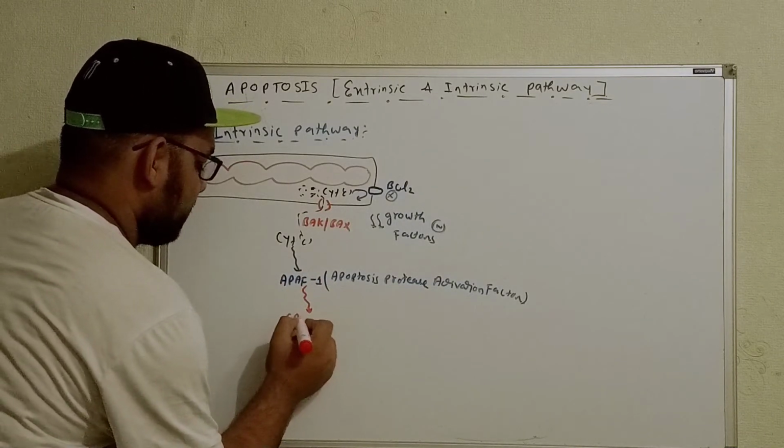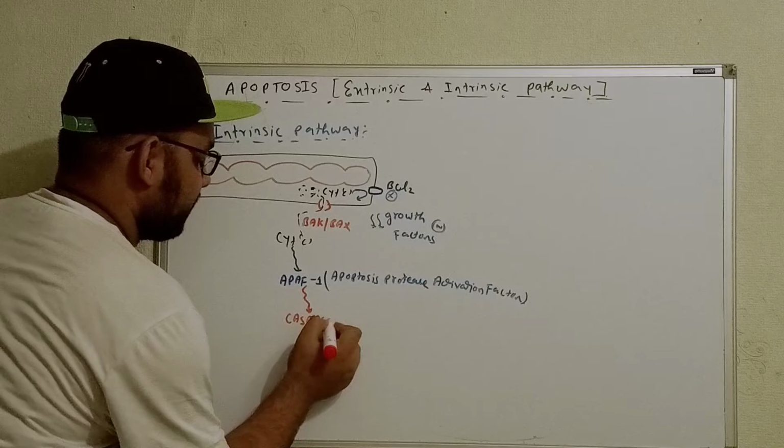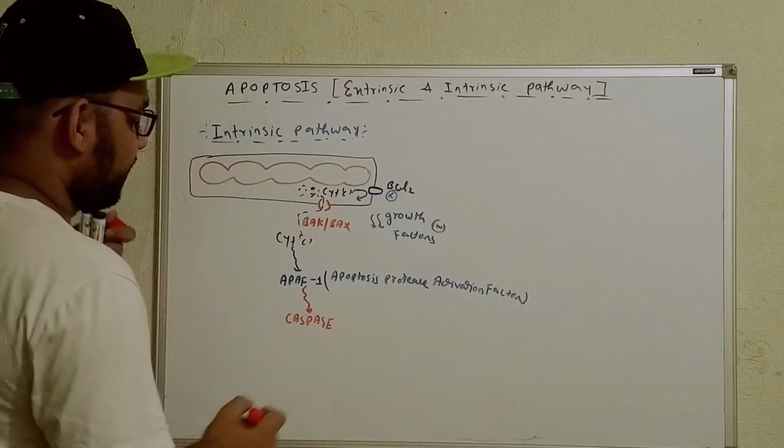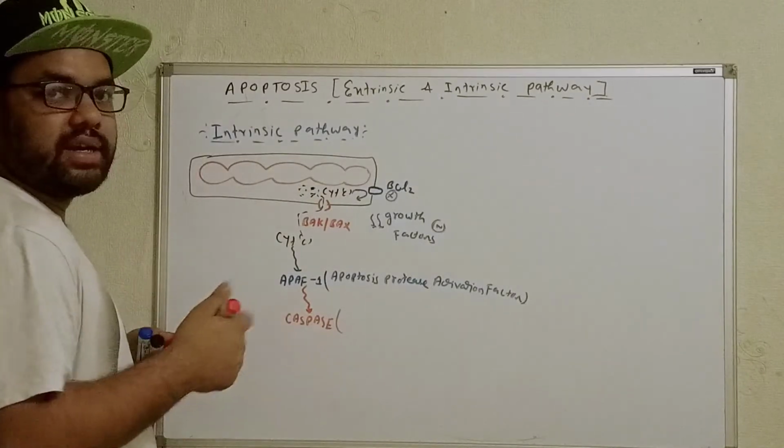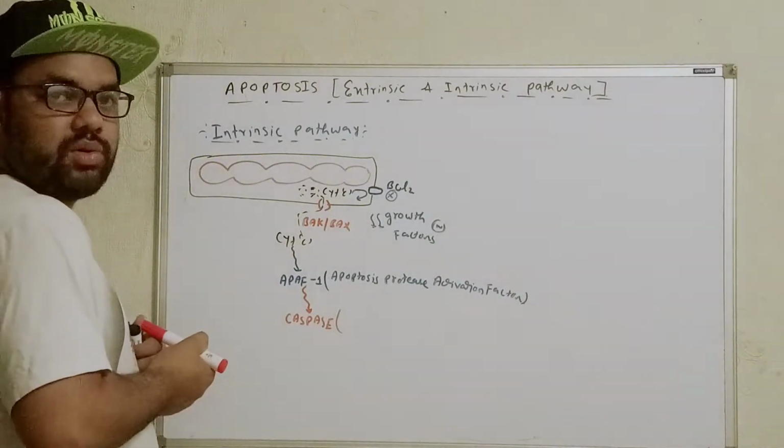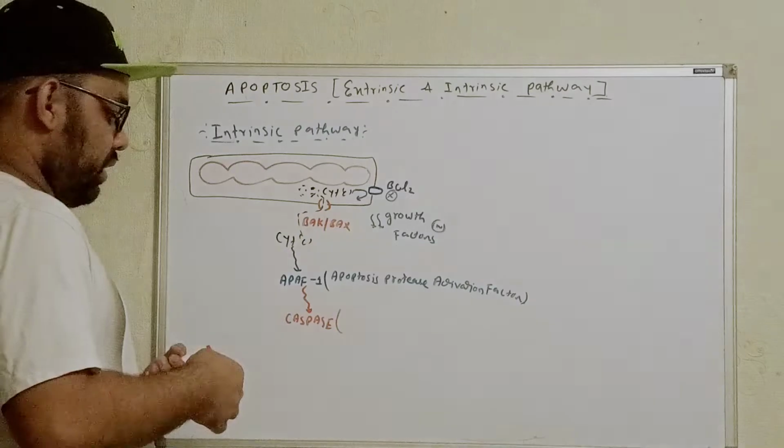Okay, caspase. What is caspase? If we see the caspase, it's a cysteine containing protease enzyme. Cysteine means one type of amino acid we know, sulfur containing.